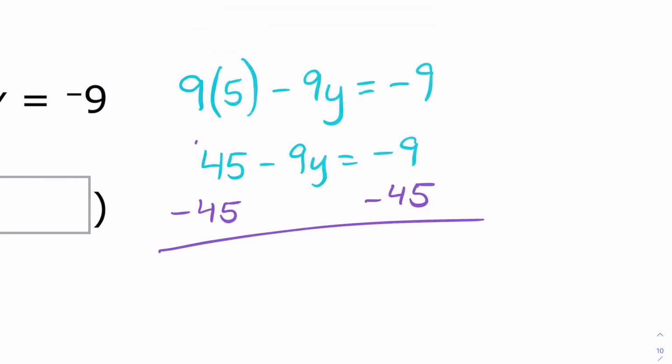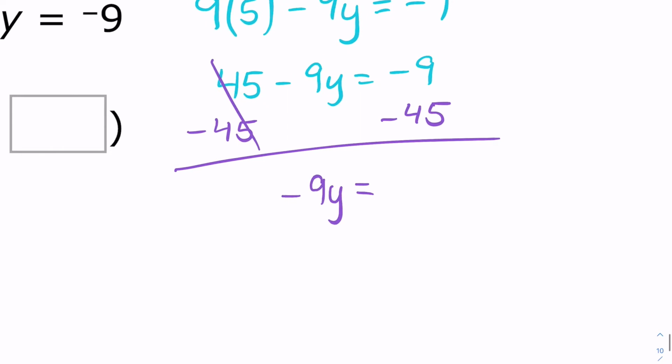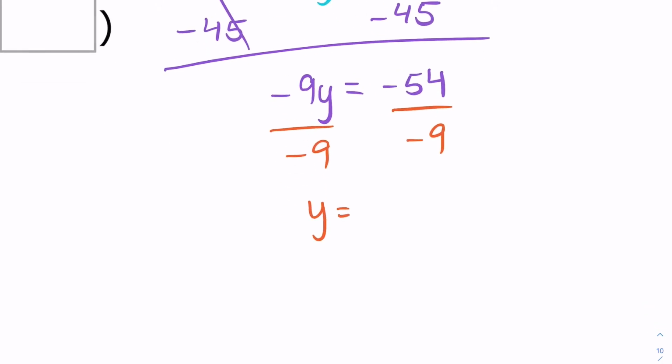And I get -9y on the left-hand side, and on the right, 45, 54, I have -54. And the last thing I'm going to do is divide by -9, and I get y is equal to 6. 6 times 9 is 54.